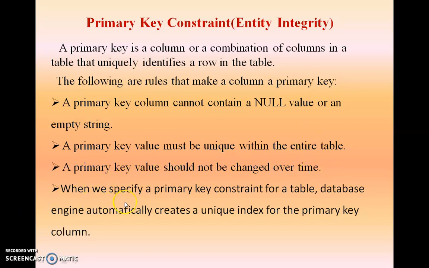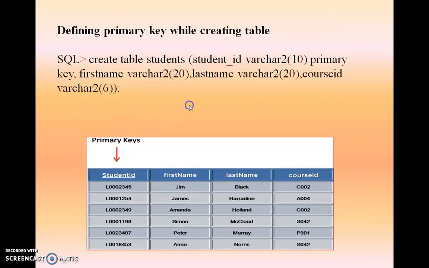And when we specify a primary key on a table column, the database internally creates a unique index for the primary key column. Whenever we declare a primary key for a table, Oracle automatically creates a unique index on the primary key column.